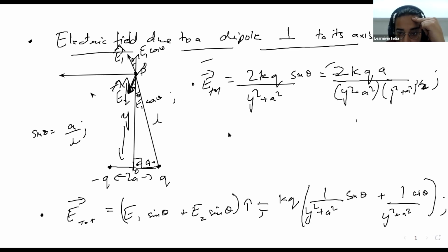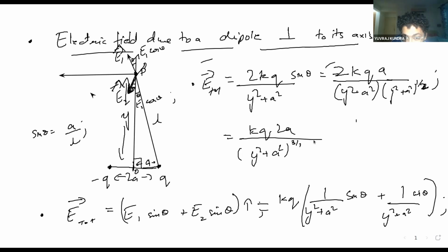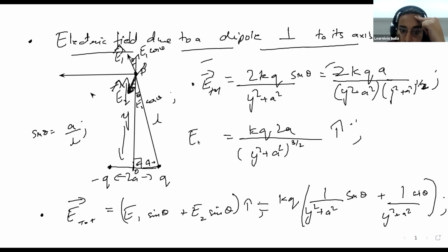So this whole thing just becomes kq times 2a over y square plus a square to the power 3 over 2. And in what direction? In the direction I cap.